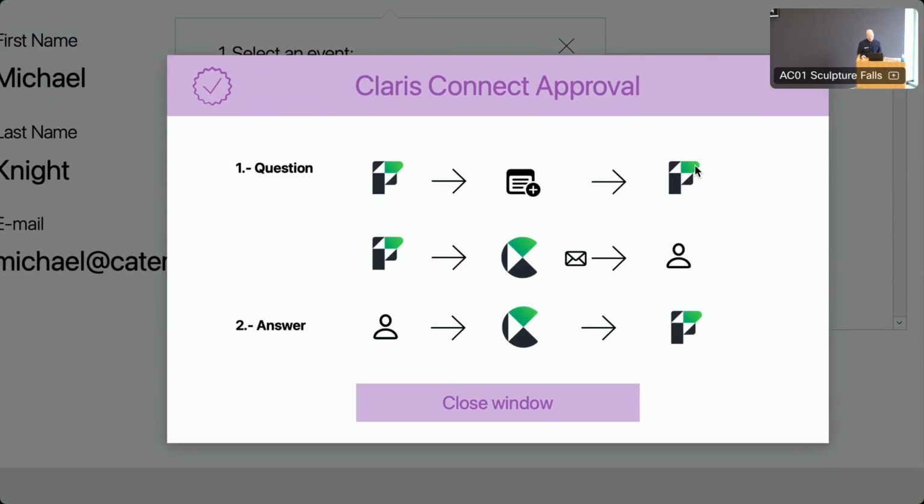That's the first part. And then from FileMaker I connect to Claris Connect, and an approval is sent via email to the waiter. And now comes the second part. The waiter receives the email, clicks yes or no, and this information goes to Connect and then to FileMaker.